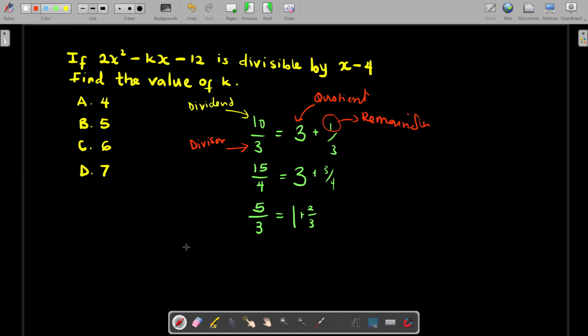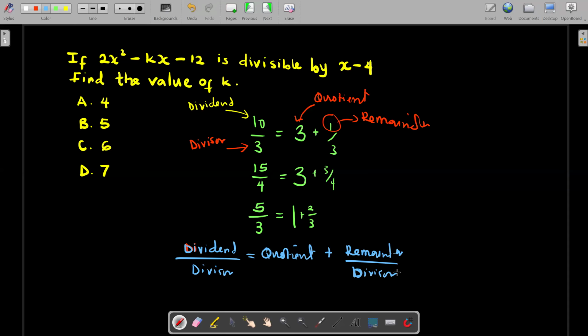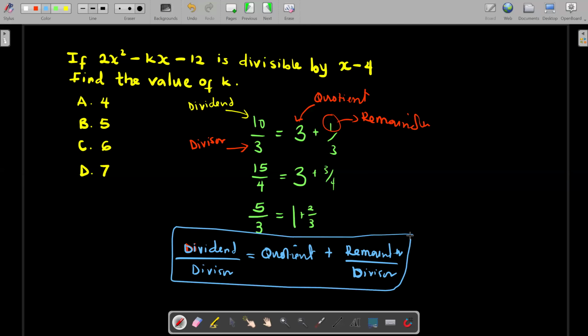If you want to generalize, we could say a dividend divided by a particular divisor will give a quotient added to the remainder divided by the divisor. Now, this is a general rule. This is a general way to visualize division.